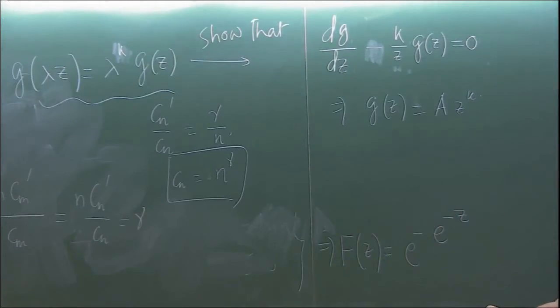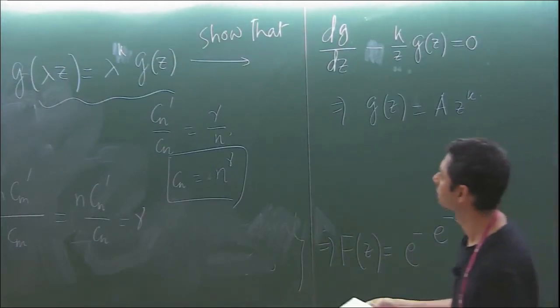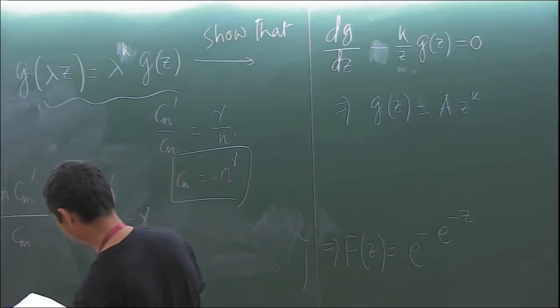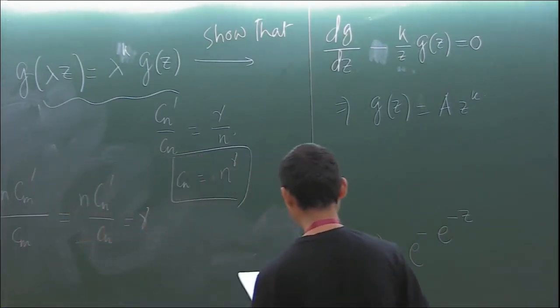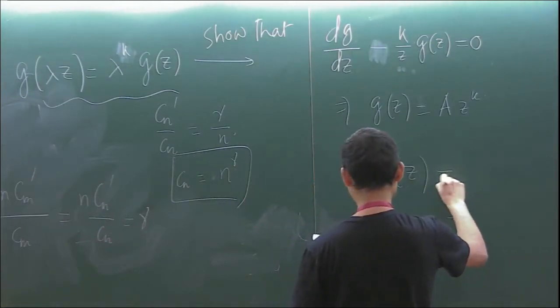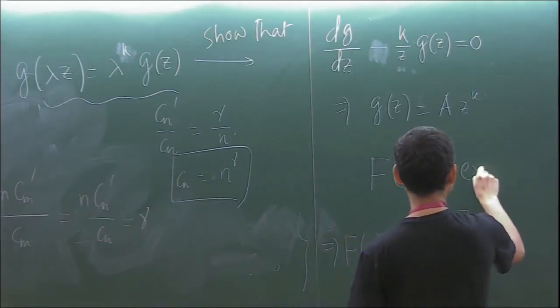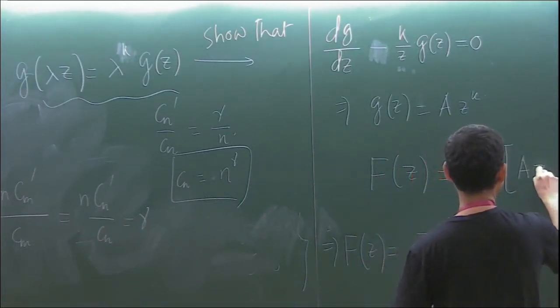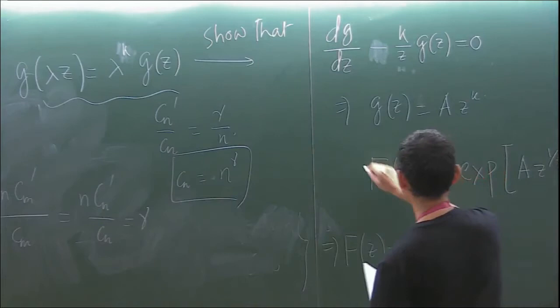So if you now write down your whole function in terms of this, you will find that f(z) is given by exponential of a z to the power 1 over gamma.